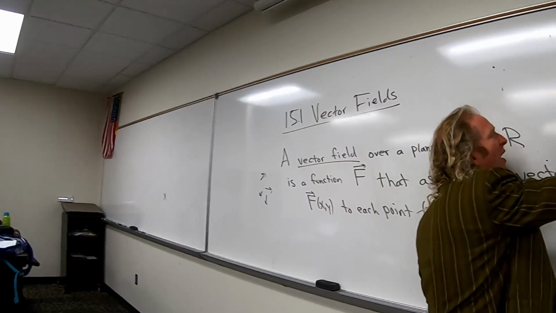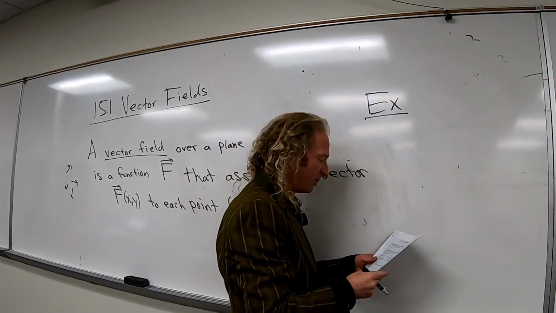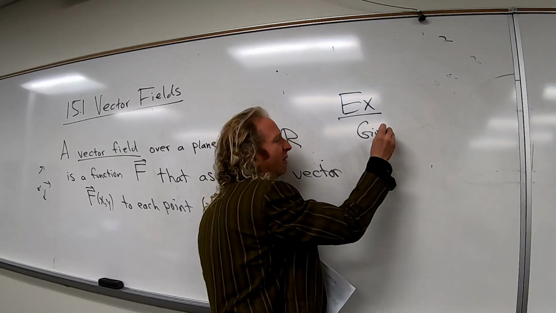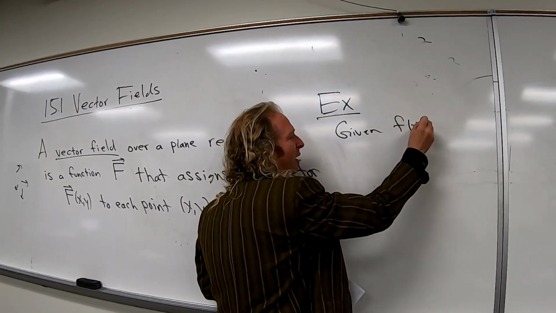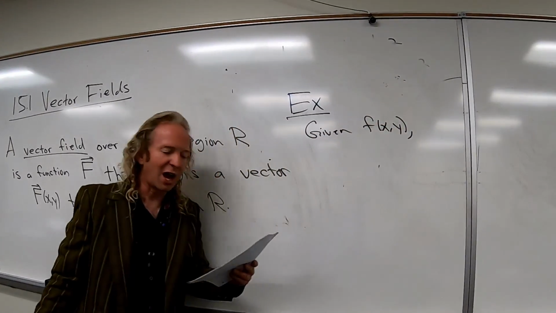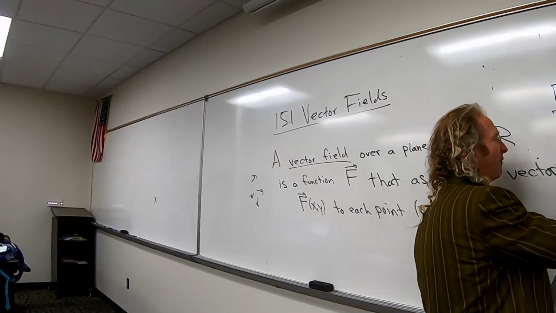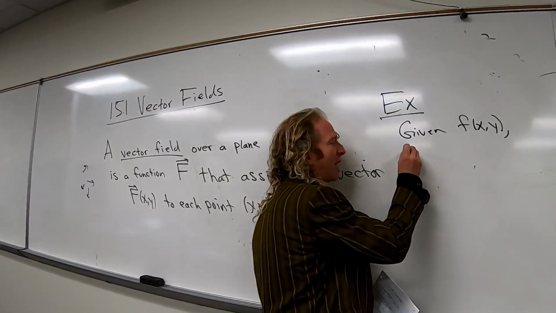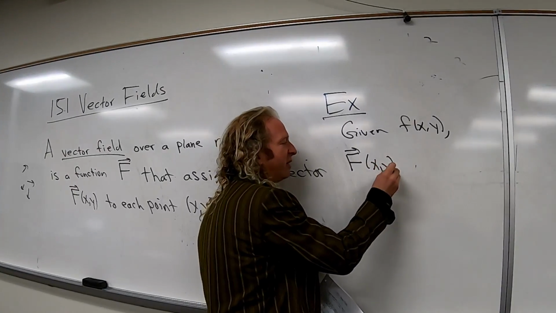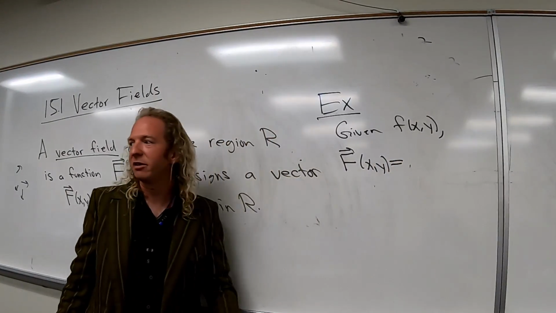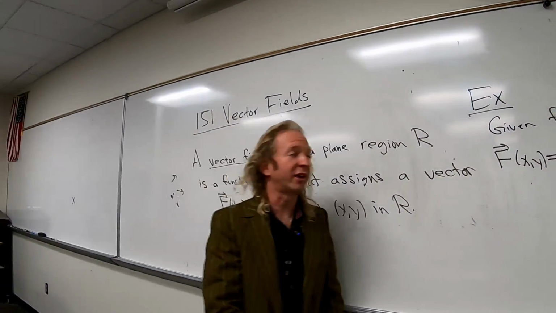So here's our first example. Given f of x, y, we have a function that is a vector field. That function, capital F of x, y, is defined to be our friend, also known as the gradient of f.